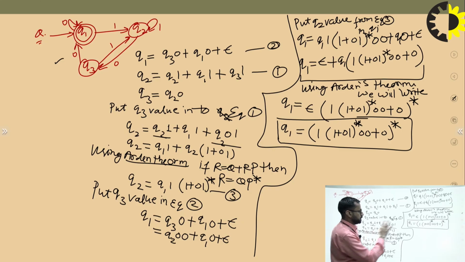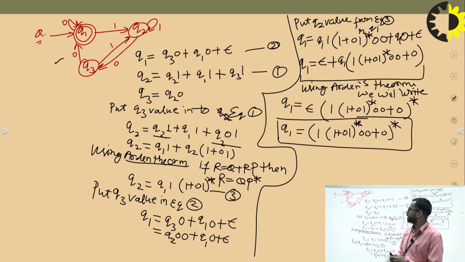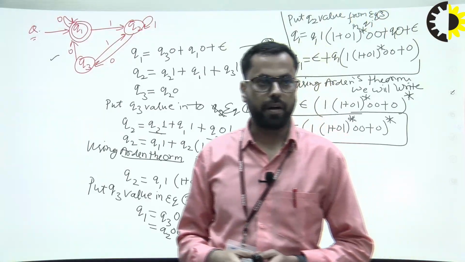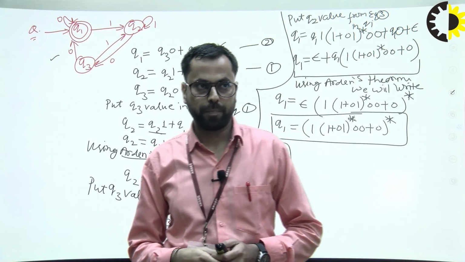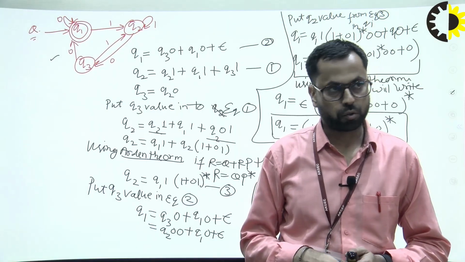Hopefully you understand Arden's theorem and how to calculate the regular expression from a given model. In the next lecture of the DSTL lecture series, we will take the next topic. Thank you.